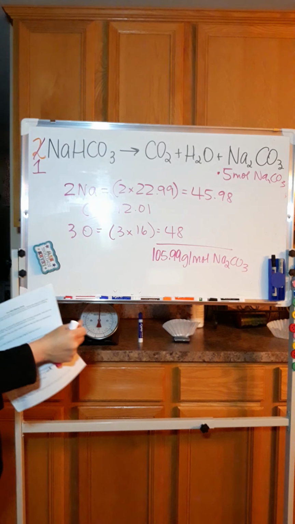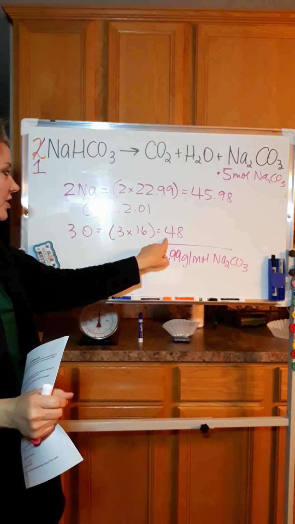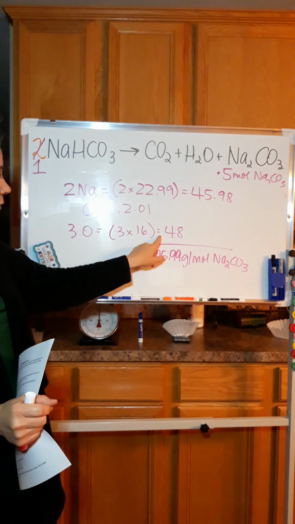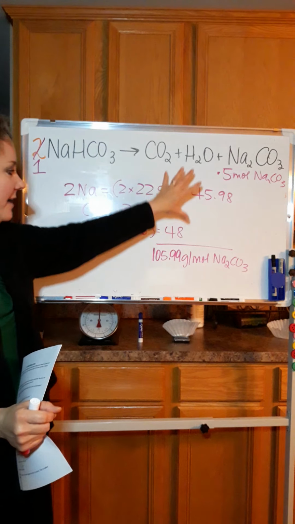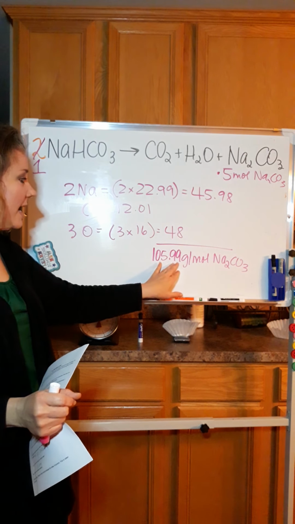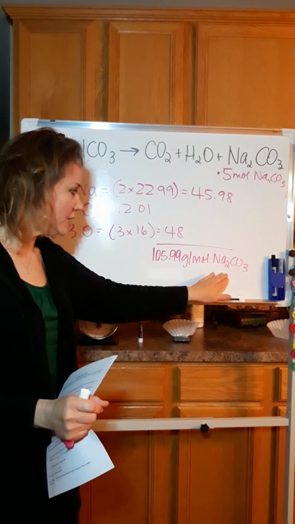And then I'm going to add that to 1 carbon and add that to 3 oxygens. And 3 times 16 is 48. And then I add this all up and I get 105.99 grams in 1 mole of sodium carbonate.